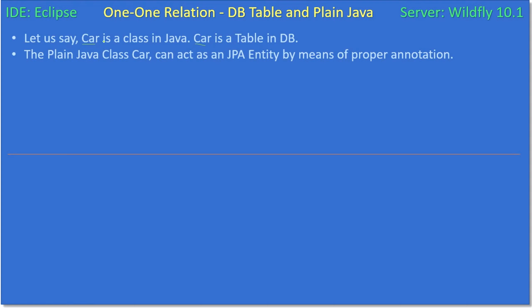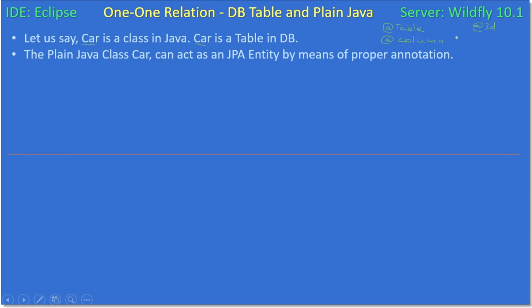When a field in Car in plain Java corresponds to a specific field in the DB table, then we can convert that plain Java class into a JPA entity by means of a proper annotation. Here annotation means @Table, @Column, @Id. Using these annotations we can do the mapping.